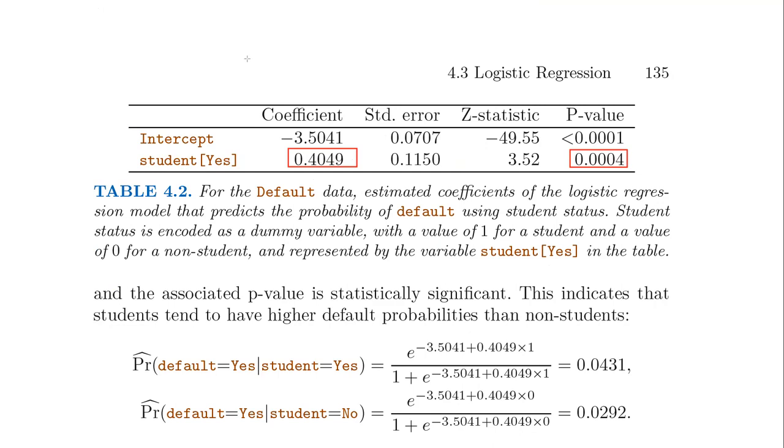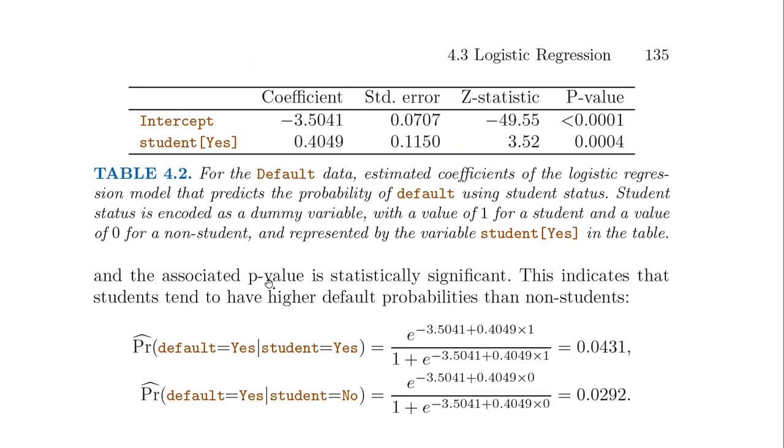No. Do you remember the phrase? If P is low, then H naught must go. And the associated p-value is statistically significant. This indicates that students tend to have higher default probabilities than non-students.